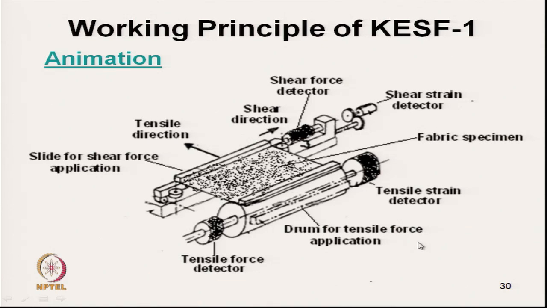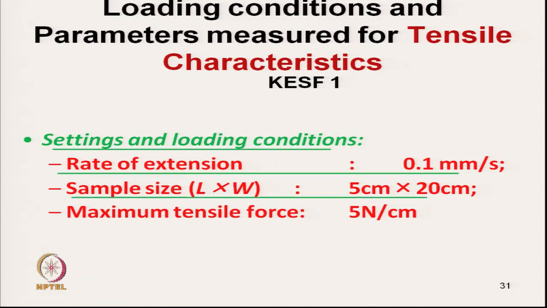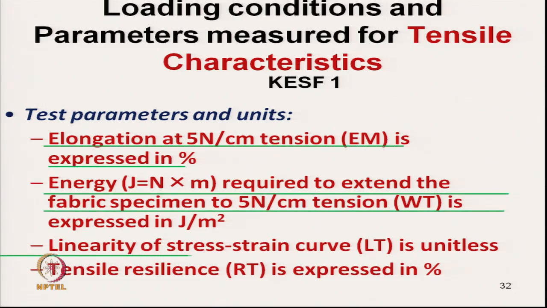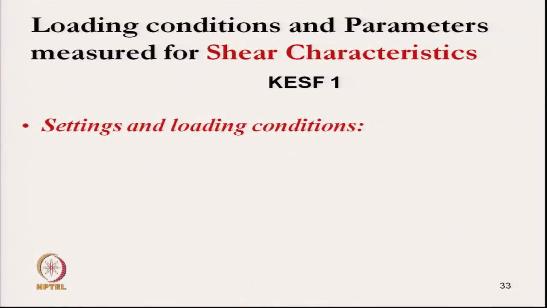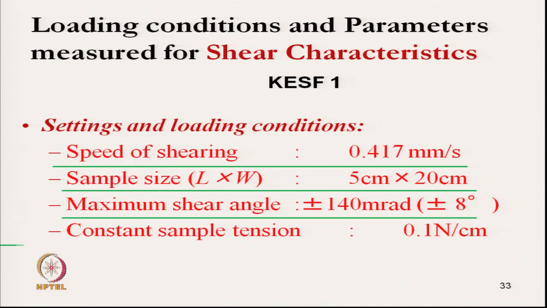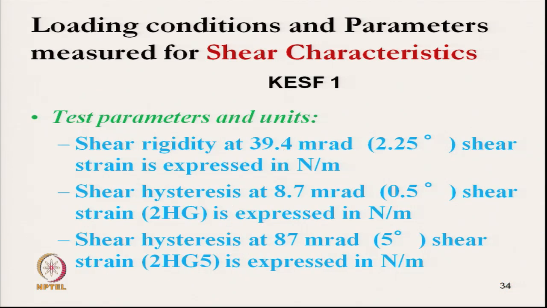These details we have seen, and various loading conditions we have discussed, and also we have discussed different test parameters which we get in different form, and then we have seen the different test parameters for shear characteristics, and these are the different parameters we get.